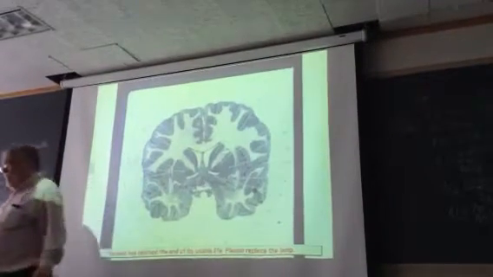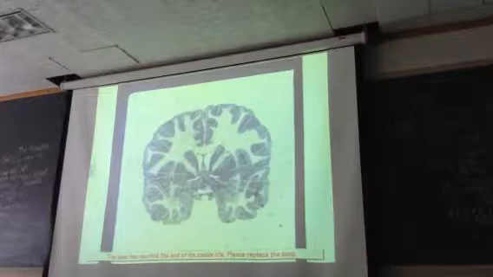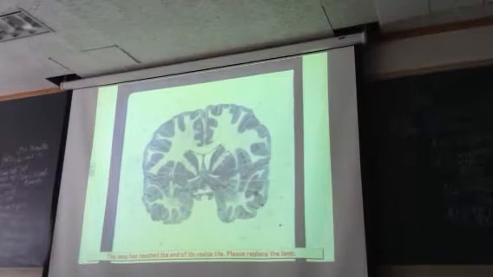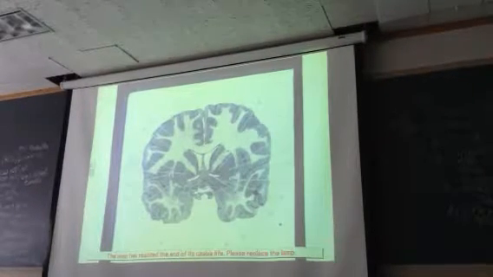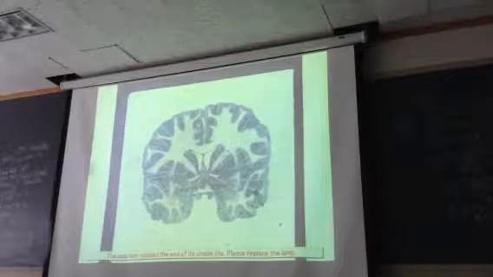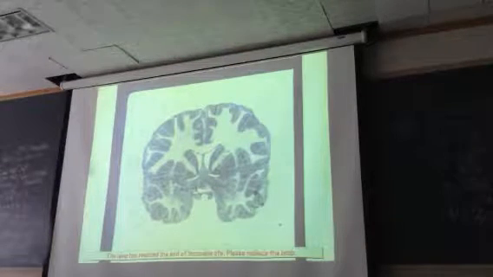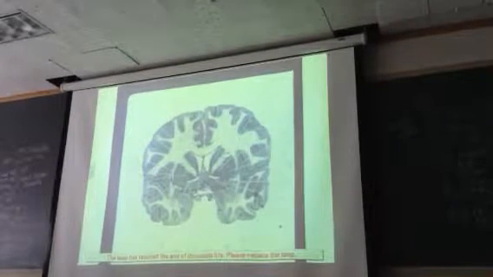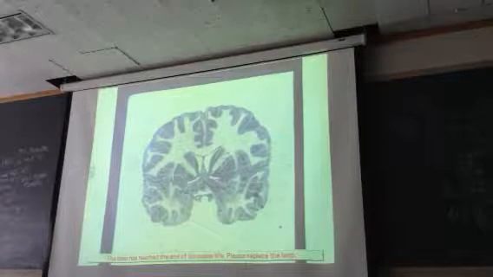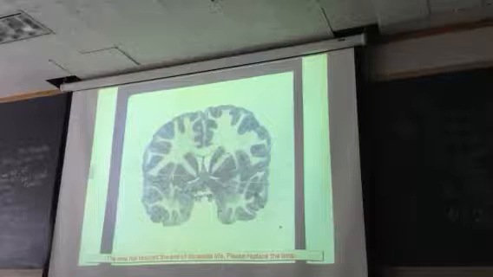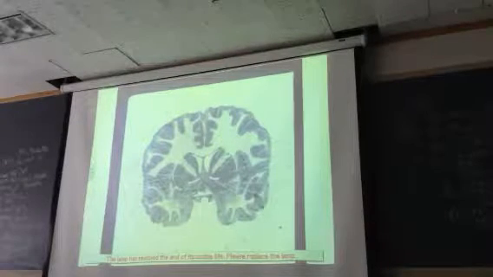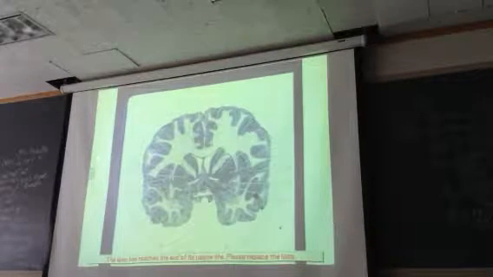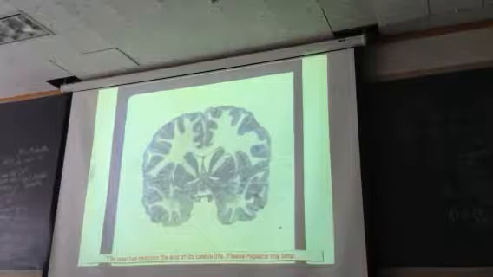The globus pallidus and the putamen, we can both see, is lateral to the internal capsule. What do we call that collectively? Is it neostriatum? What is the globus pallidus and putamen lateral to the internal capsule? What do we call that collectively?